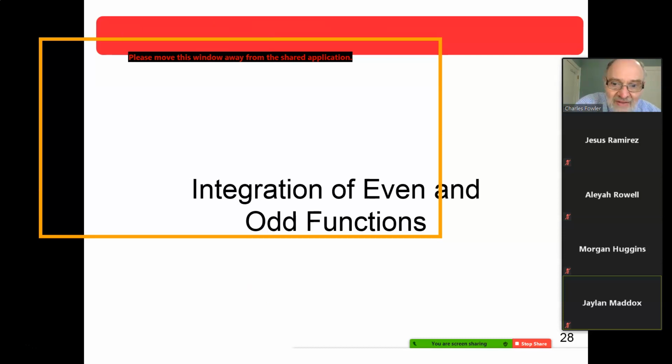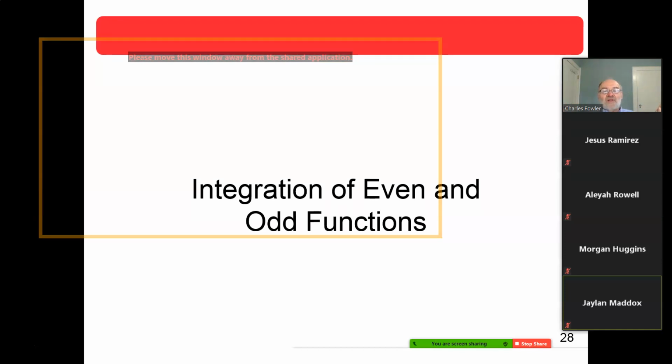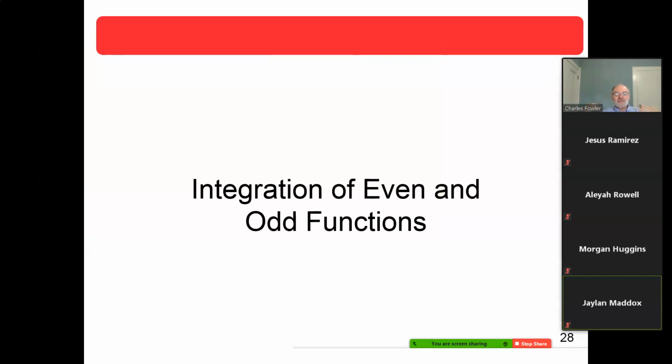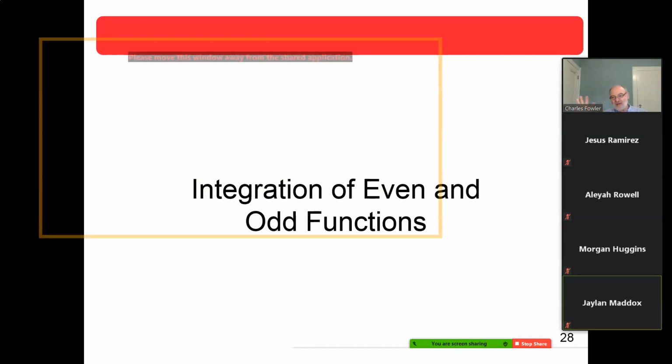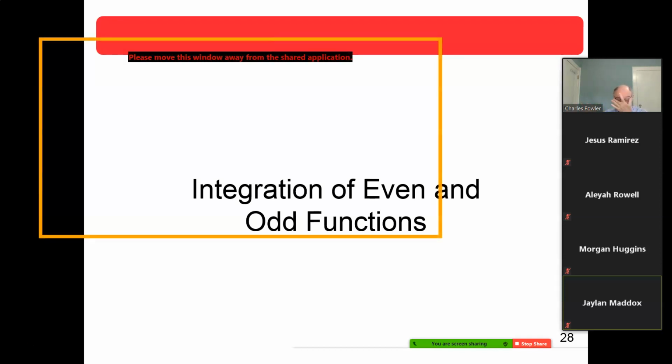All right. Last sort of topic we're going to hit here is how we, again, be lazy, okay? What if you have a perfectly even function or a perfectly odd function? Now, I don't know if you remember back when you did pre-calculus, high school, college, whenever, and they talked about even and odd functions.